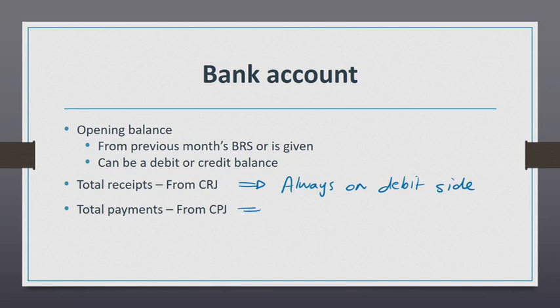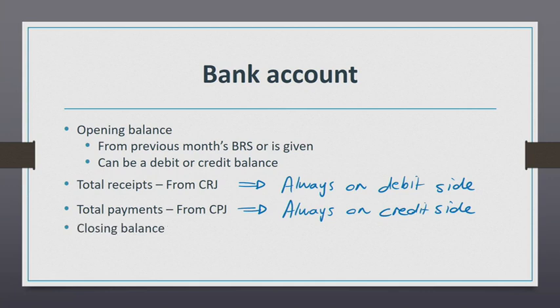Same with total payments in the CPJ. That will always be on the credit side, irrespective of whether we have a debit or a credit balance on the bank account, irrespective of whether the bank account is favorable or unfavorable. Total receipts on the debit side, total payments on the credit side.